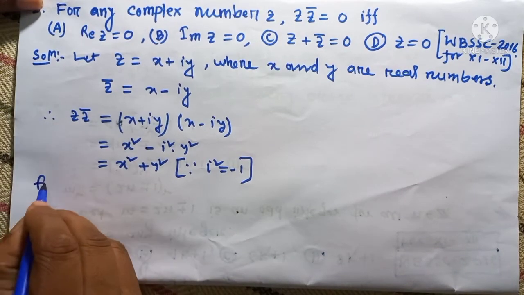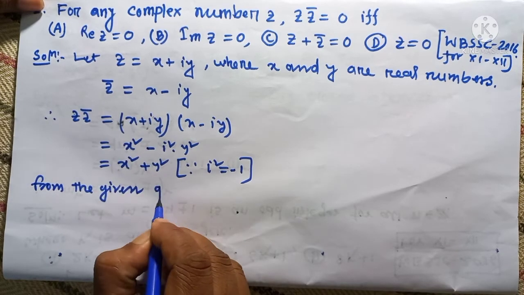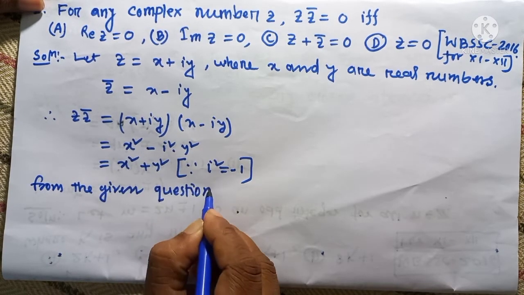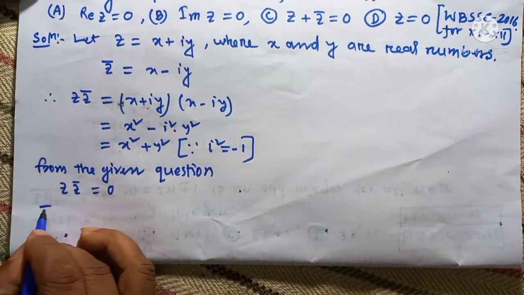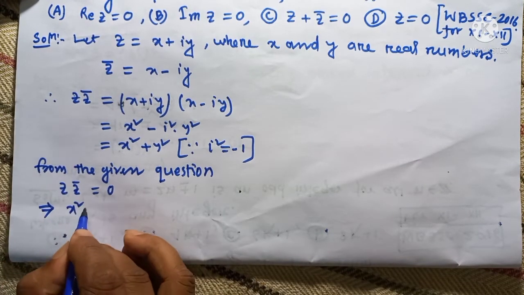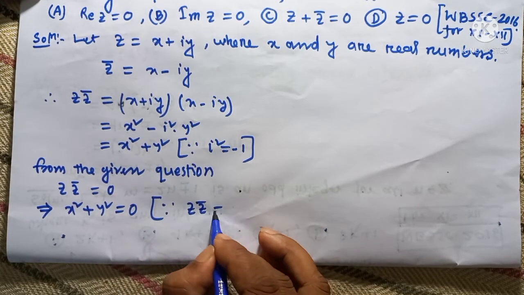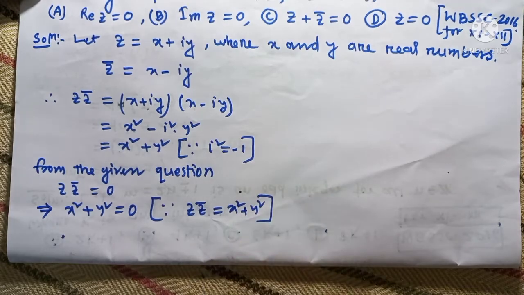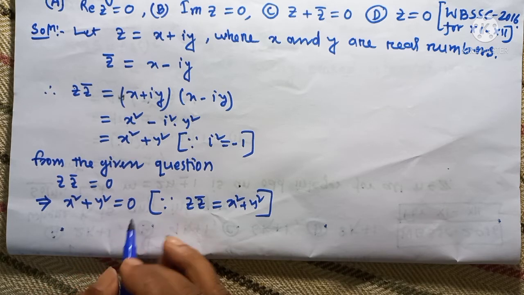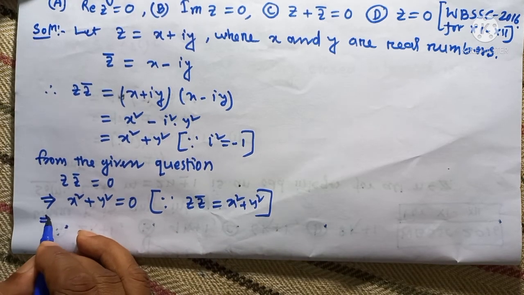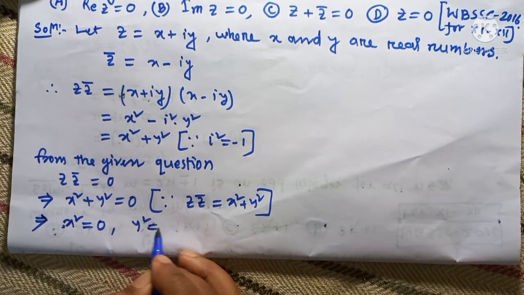From the given question, z into z bar equal to 0 implies x square plus y square equal to 0, since sum of squares of two real numbers equal to 0, this implies x square equal to 0 and y square equal to 0.